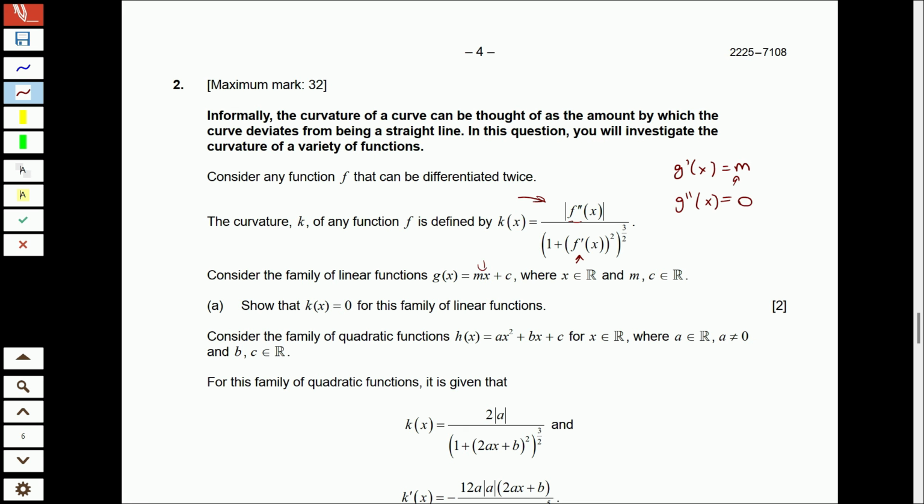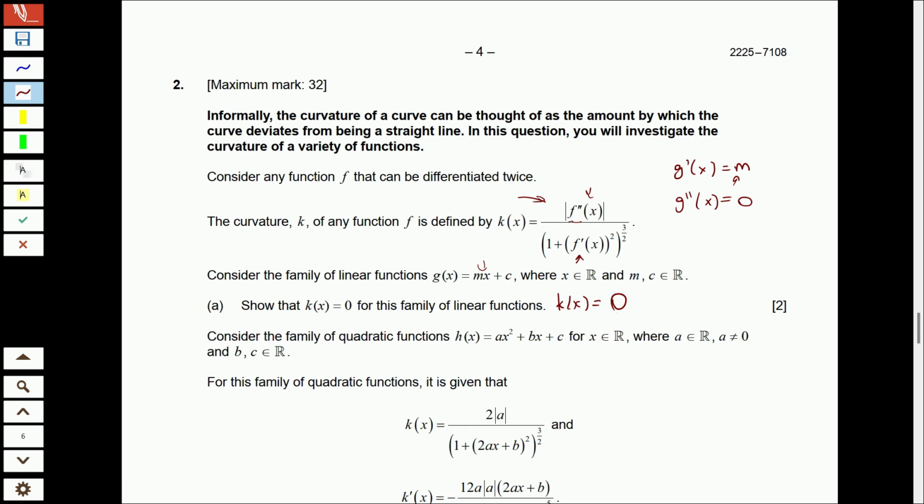In this case, when we plug 0 into this expression, it's 0 over something, but it doesn't matter. It will give us k of x equals 0.